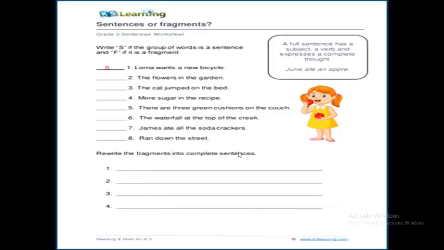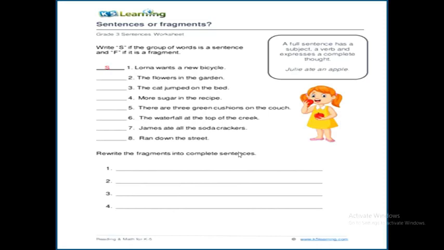Boys, here are the worksheets relevant to the three concepts that I have just explained to you in today's lesson. I'm just revising what our three concepts were.